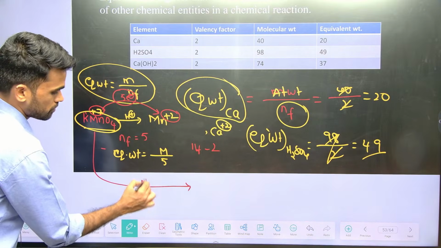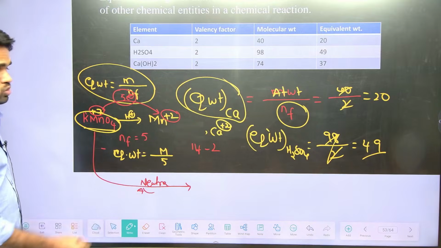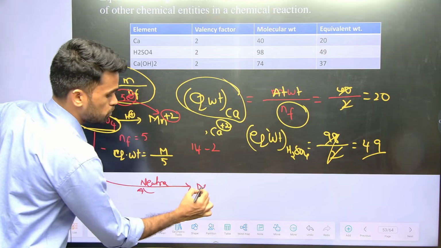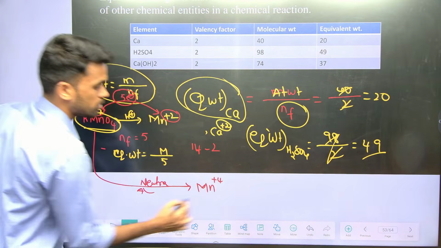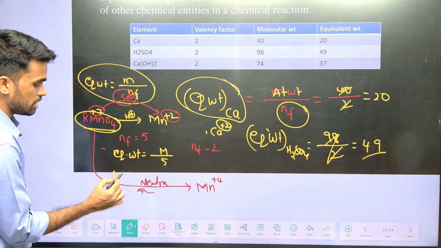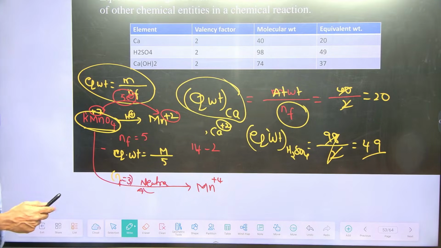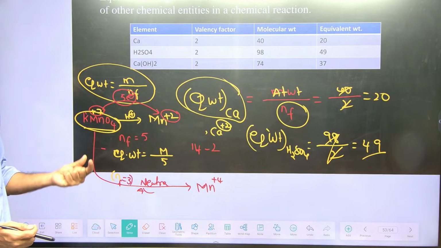So that same KMnO4, when it is reacting in neutral medium, or slightly alkaline medium, +7 converts into +4. From where to where? +7 to +4. What is the n factor you are seeing? 3. So what does its equivalent weight become? The molecular weight by 3.